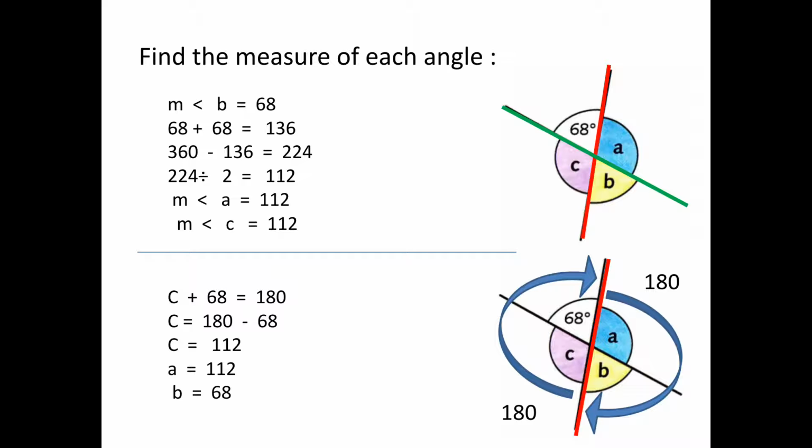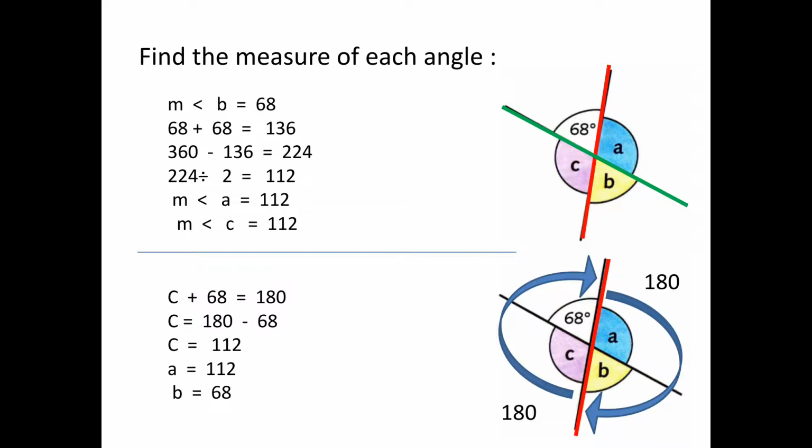Now I got all the missing angles. In the upper part, I got it with the old way, using the vertically opposite angles and dividing. And in the second part, I used another rule. I used the straight angle. Any straight angle is equal to 180.